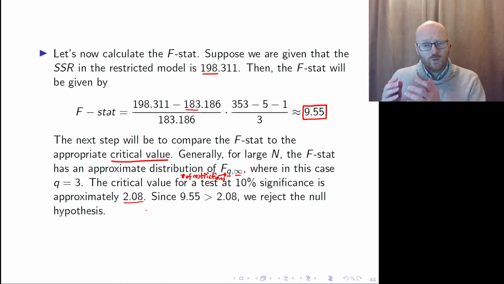So what we find is that we reject that all these slopes are equal to 0 jointly, and we can say that at least one of them is different from 0.